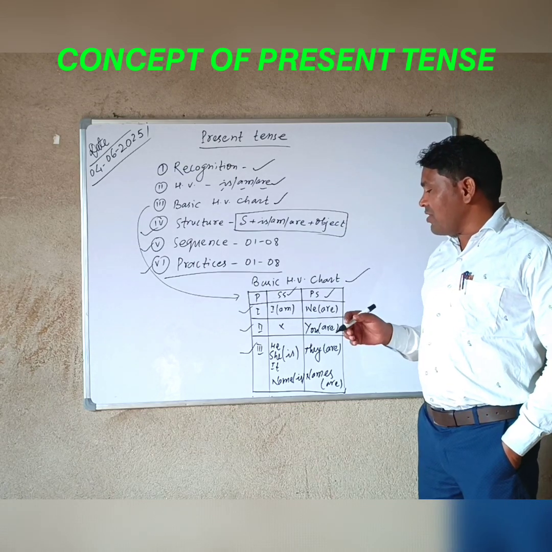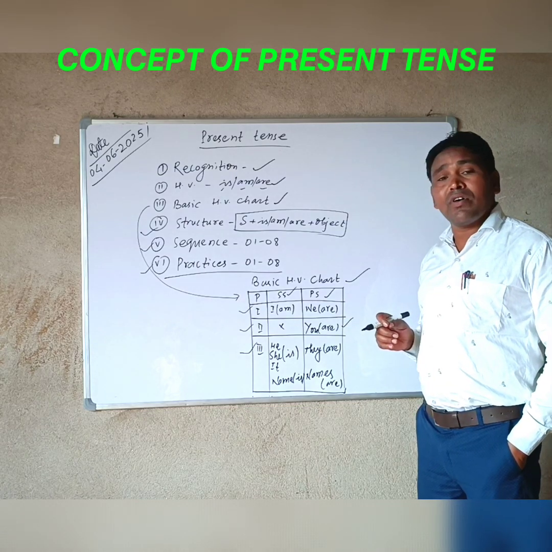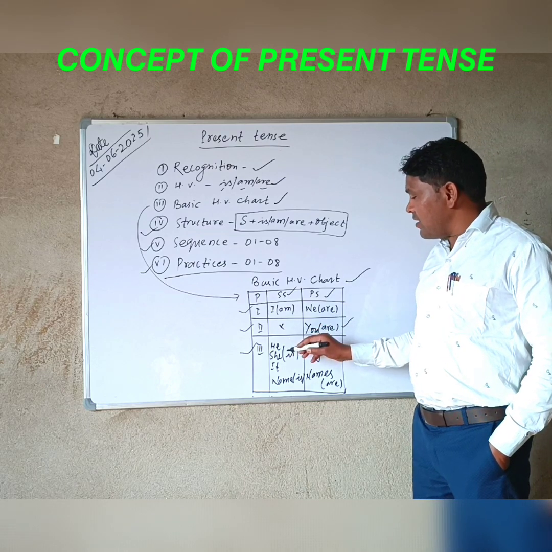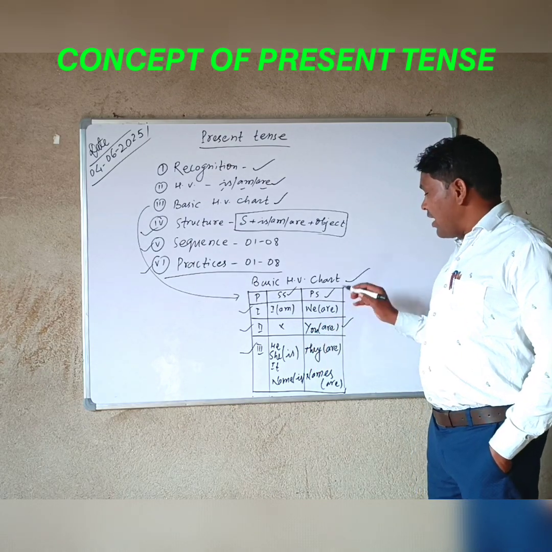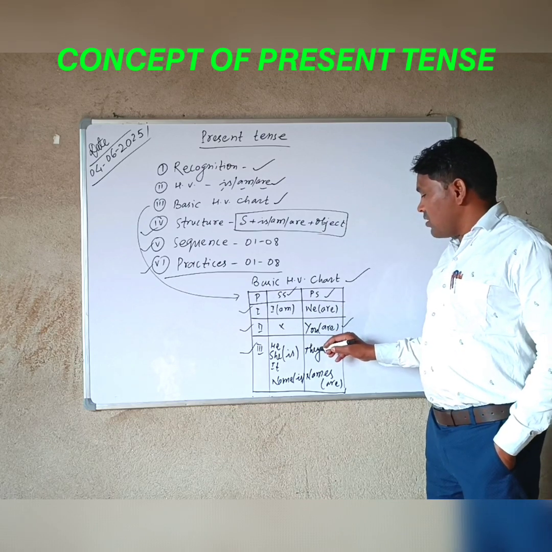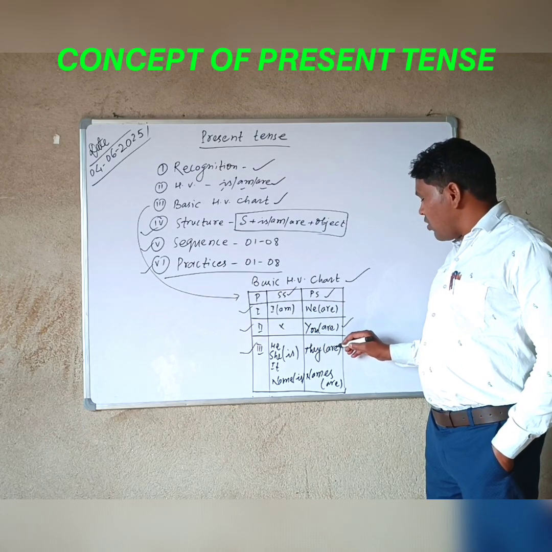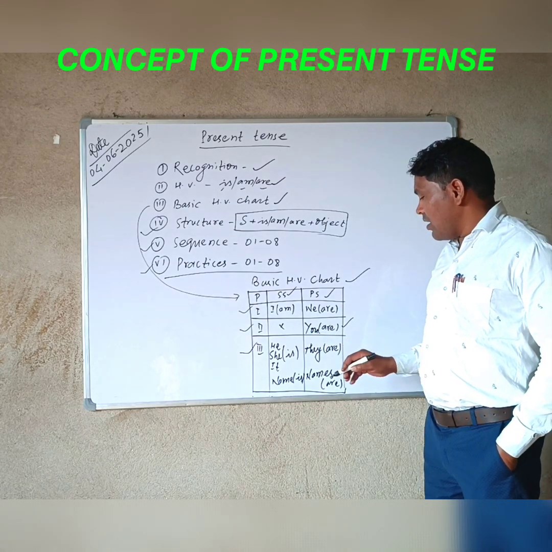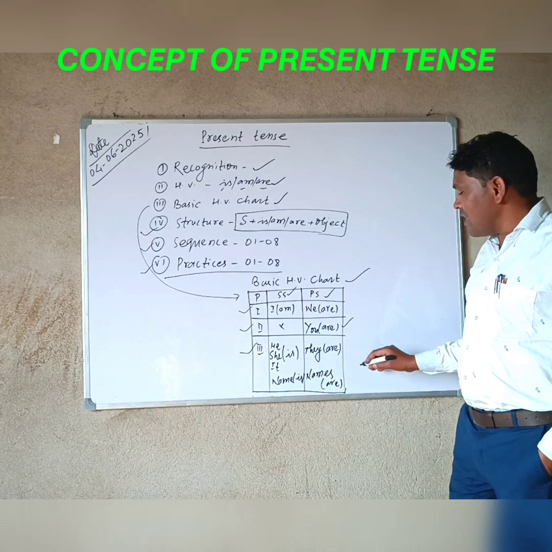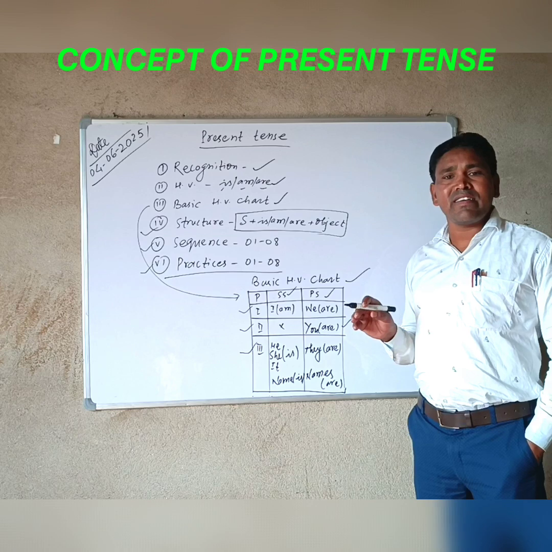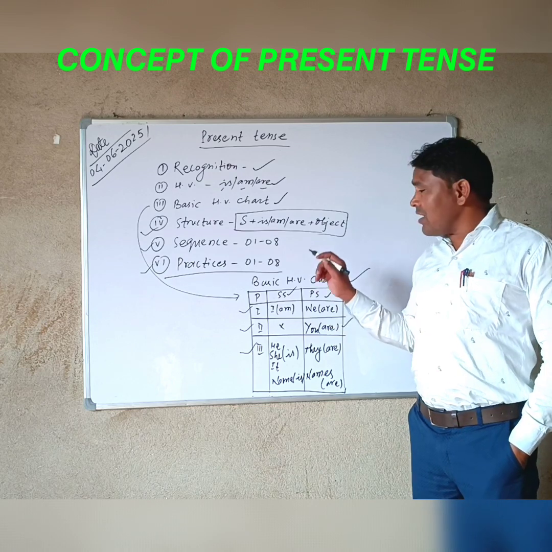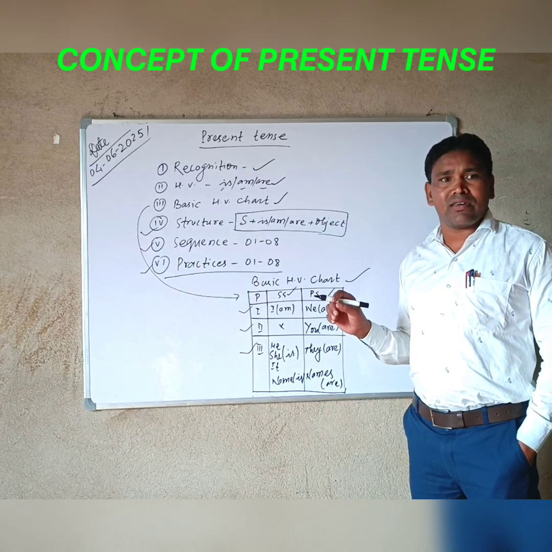And with the singular subject of third person, he, she, it, is is always used. And with the plural subject of third person, they, are is always used. And with a name, is; with names, are. So this is the function of the basic HB chart of present tense, and it is very important.